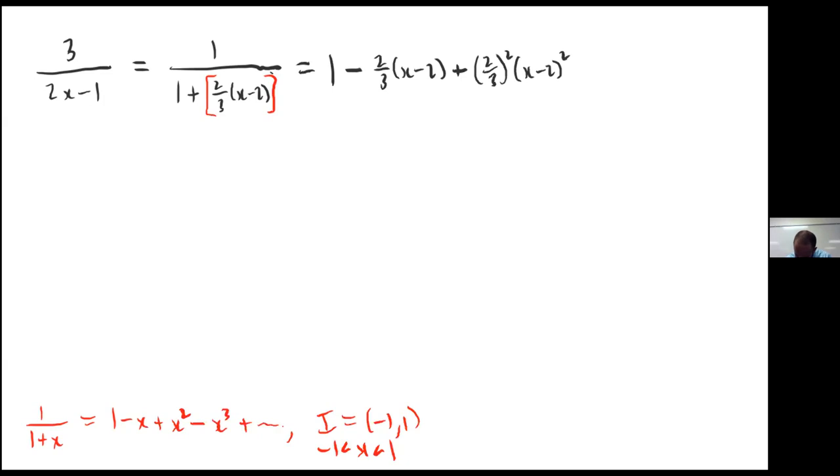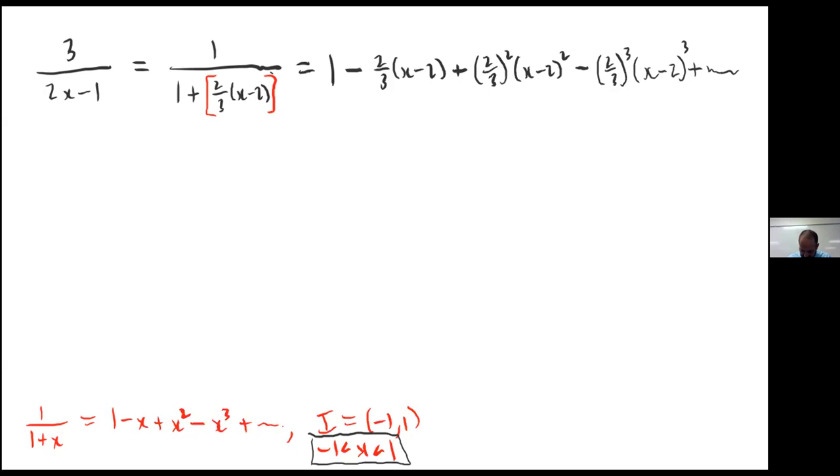And what's the next thing going to be? Minus 2/3 cubed x minus 2 cubed plus etc.